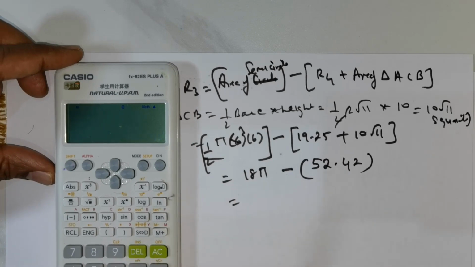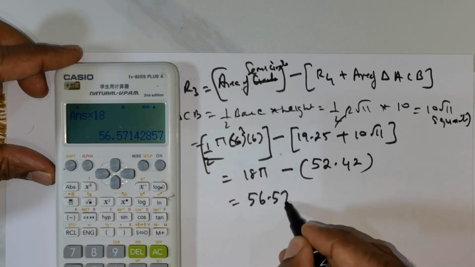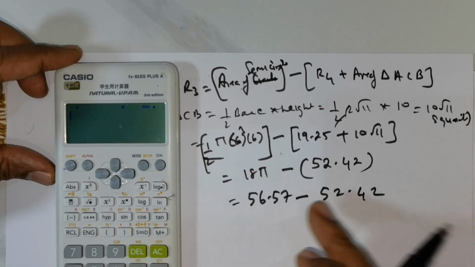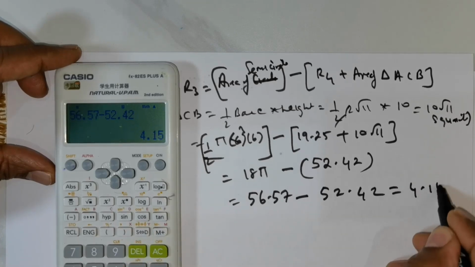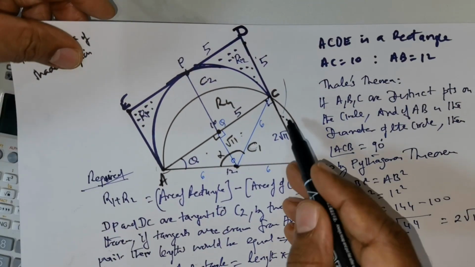Now what is 22 divided by 7 multiplied with 18? That gives me 56.57. Minus 52.42, so this is equal to 4.15. What is this? This is nothing but my R3, the region R3.